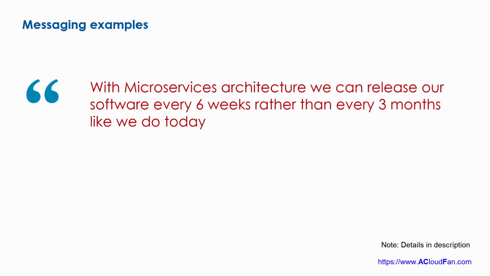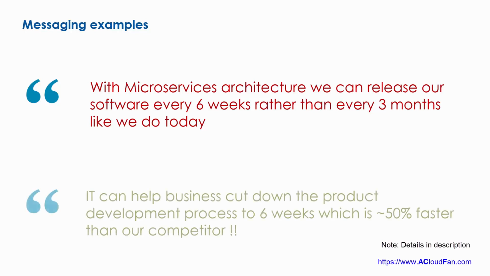An architect thinking about the business benefit may describe the benefit like this. IT can help business cut down the product development process to 6 weeks, which is roughly 50% faster than our competitor. Read these two statements and think about which one would appeal more to the business stakeholders. Obviously, it is the second one.